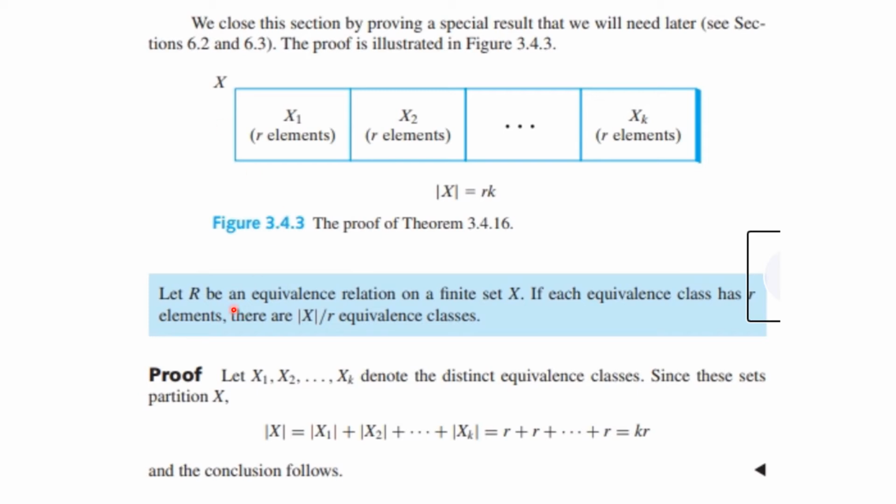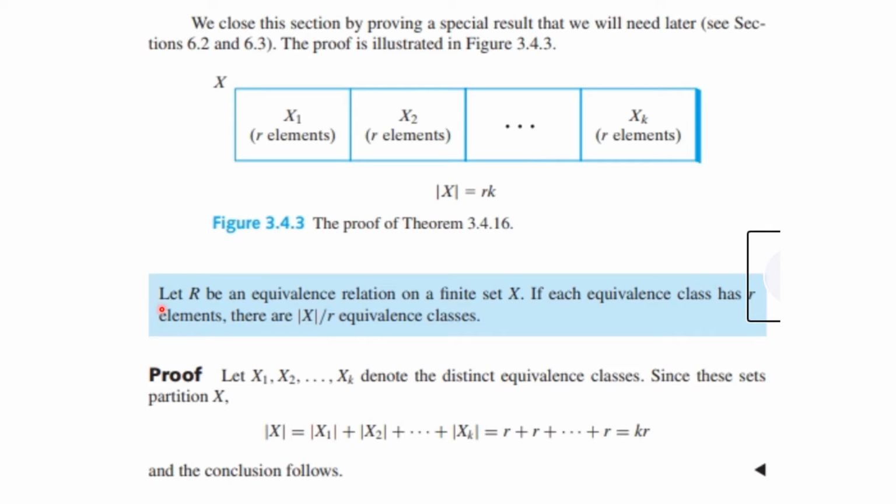Okay, now equivalence classes are partitions, so if you have a set X and you have disjoint subsets, and each subset has r elements in it, then since they're disjoint, you just add them up, and so the cardinality of X is r times k. And that really is a proof of this theorem.